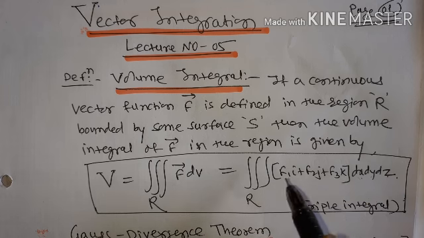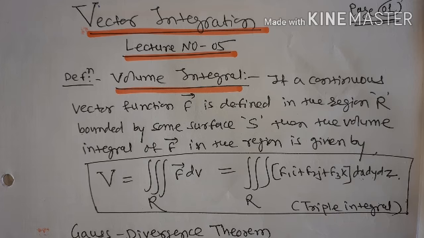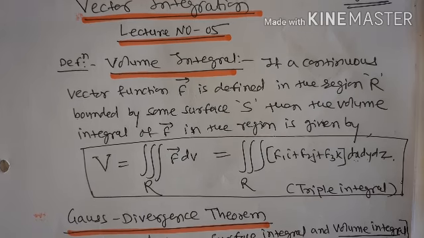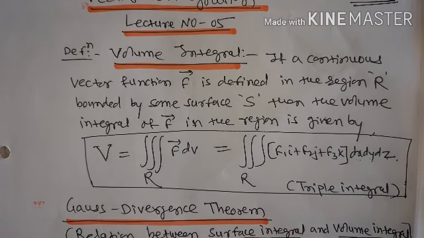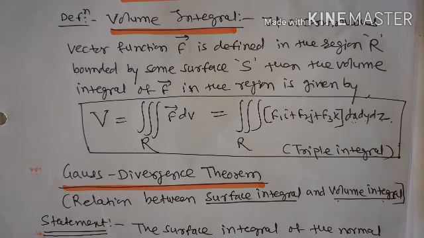If the limits are in terms of x or y, then we have to decide the order of integration. You have studied those methods already. While using this volume integral in the next theorem, we will also evaluate such integrals.